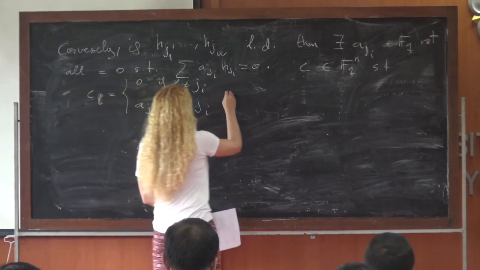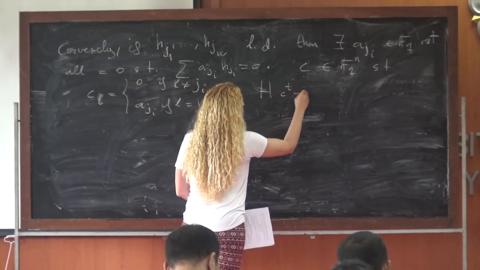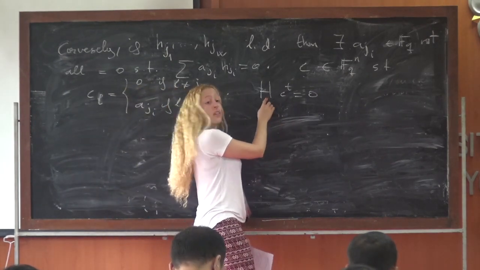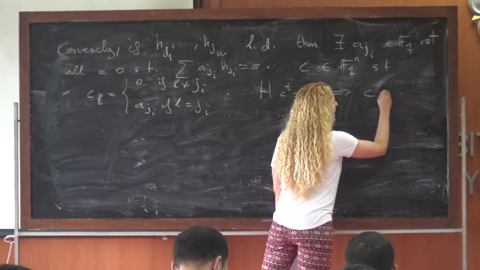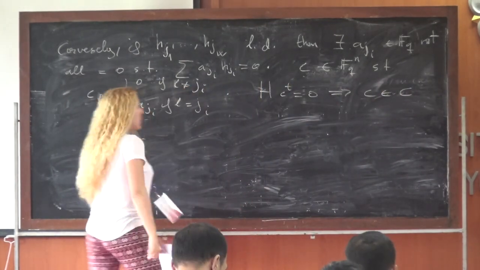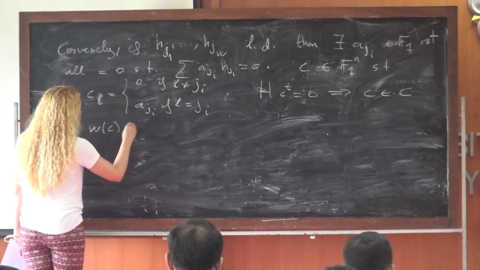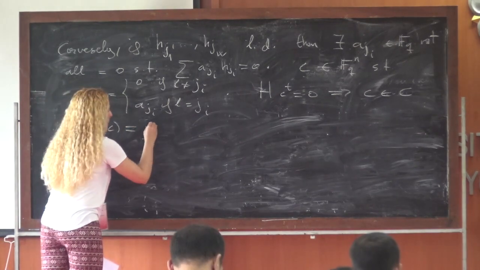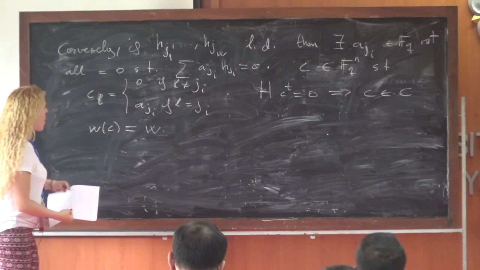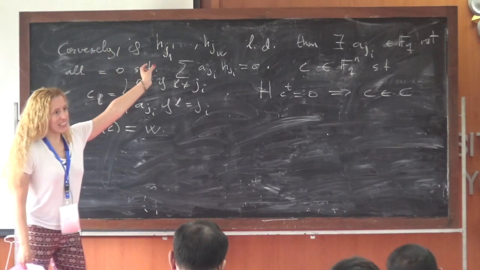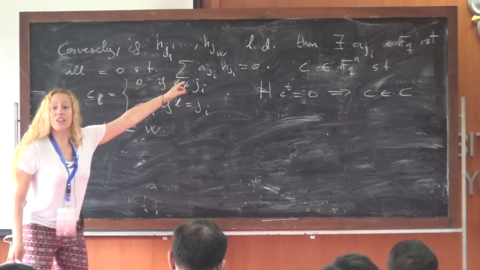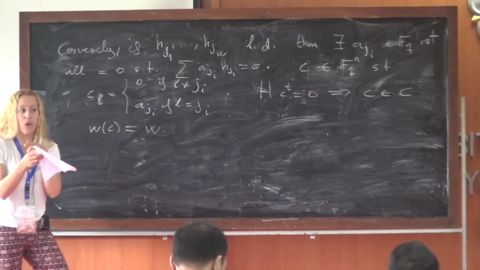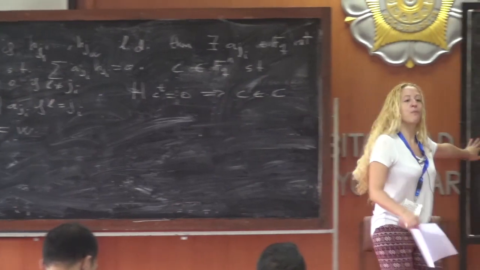But then, we have that this thing is equal to 0 by construction of this vector, which means, by definition of the parity check matrix, that c is an element of the code. But what is the weight of this word? w, that is the number of coordinates that are different from 0. So basically, if you are able to find d linearly dependent columns, then you are able to find a word that has weight equal to d. So that gives you the other inequality. And then you've proved the theorem.